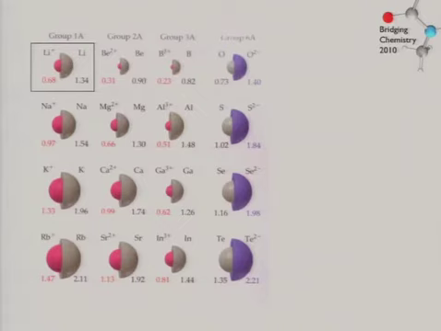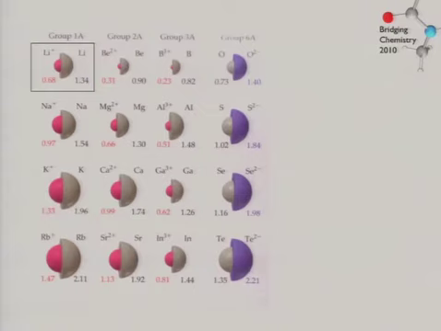So as you take that electron away, there is actually quite a large difference in size. And as you move across in terms of cations, just like atomic size, your cationic size gets smaller. And as you move down the group, your cationic size gets bigger.